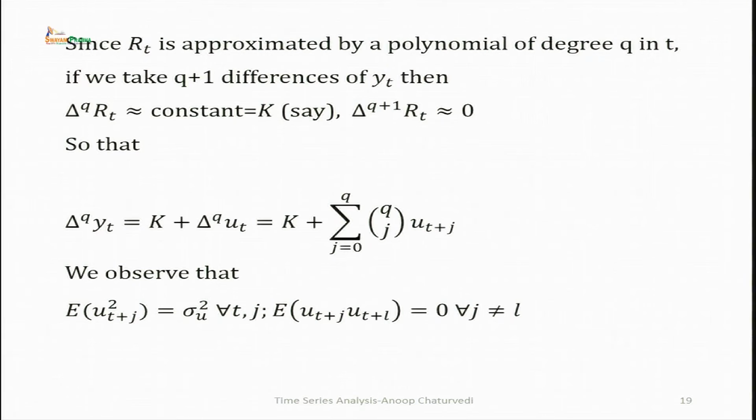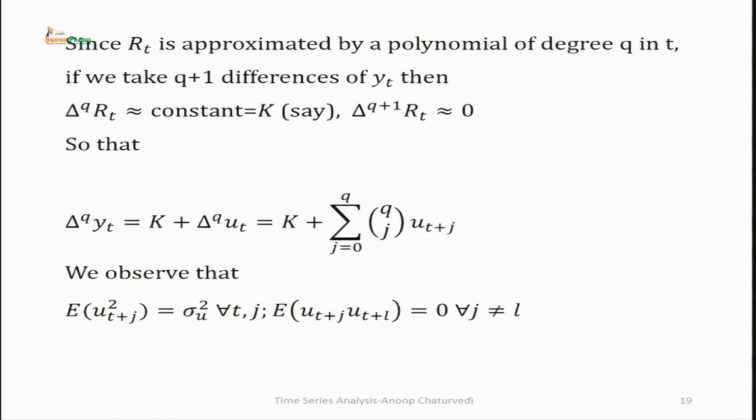Now, since you have approximated r t by a polynomial of degree q in t, if we take q plus 1 differences of y t, delta q r t is approximately equal to constant, and delta q plus 1 r t is approximately equal to 0. So, after taking q plus 1 differences, it becomes 0, and after taking q differences, it becomes a constant.